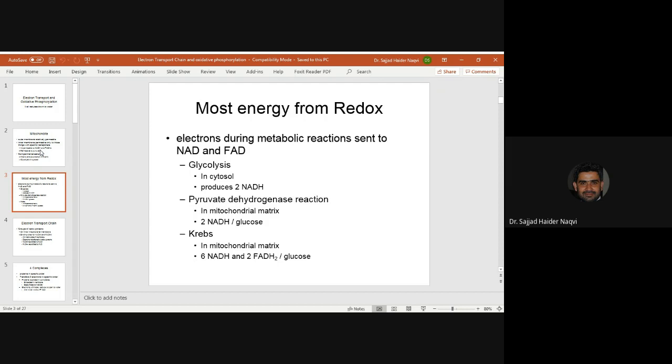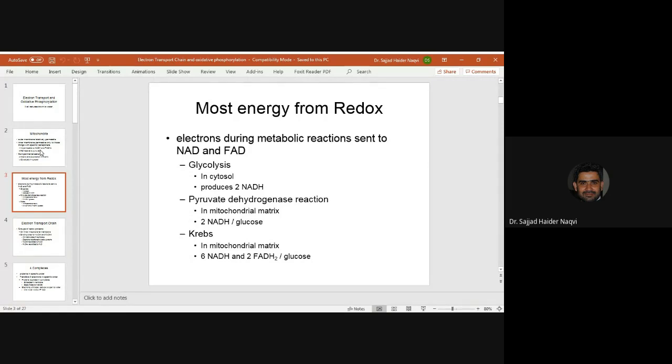So now there are 10 NADH and 2 FADH2 molecules produced per molecule of glucose. Remember that all of them are produced outside the inner mitochondrial membrane. In the first slide, I told you that the inner mitochondrial membrane is impermeable to both NADH and FADH2.